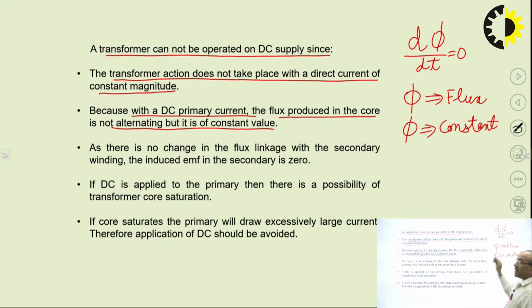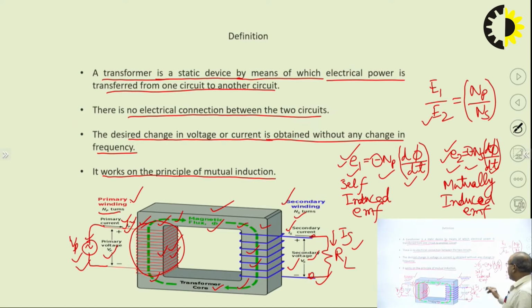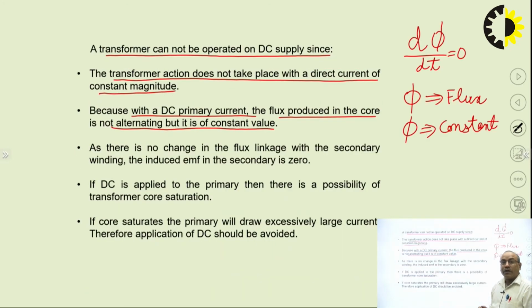So, when d phi by dt is 0, there will be no induced EMF on any side, primary or secondary, which we can see from the relation E1 is minus Np d phi by dt and E2 equal to minus Ns d phi by dt. When d phi by dt is 0 due to DC supply connected on the primary side, there is no question of induced EMF on any side.